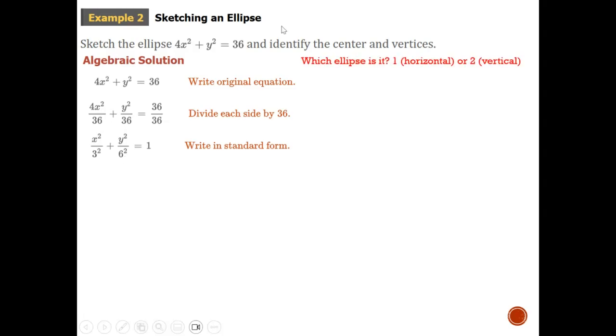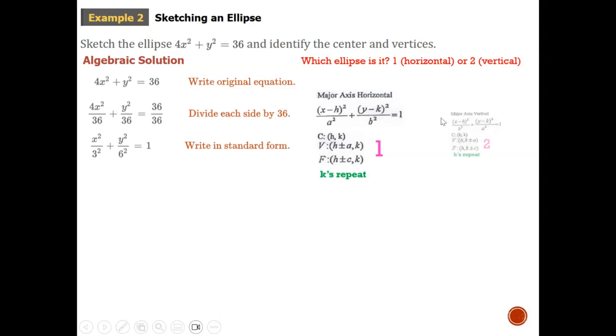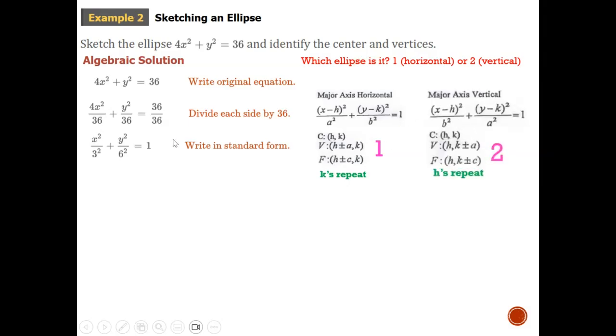So then, we need to find the center and the vertices. So with the given information, guys, which one is it, horizontal or vertical? How can we tell? This is horizontal, this is vertical. If you notice, guys, the number in the denominator of the y value is bigger than the denominator of the x value, which means it's going to be like number 2.